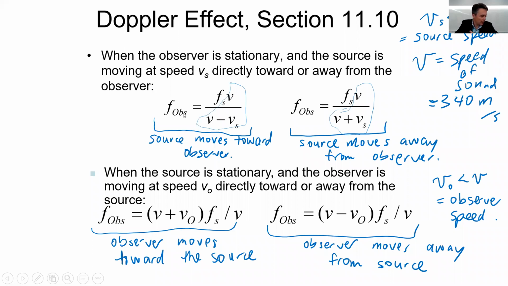You just call this F1 or something and plug it into here. So you've just combined these two equations. You end up with V plus VO divided by V minus VS. And Adhina actually does that if you look carefully. It's just that she's got those plus minuses on the numerator and the denominator. It's a great question from Samantha Chen.